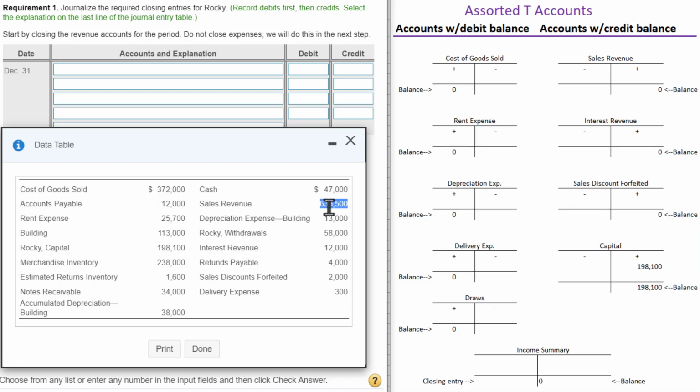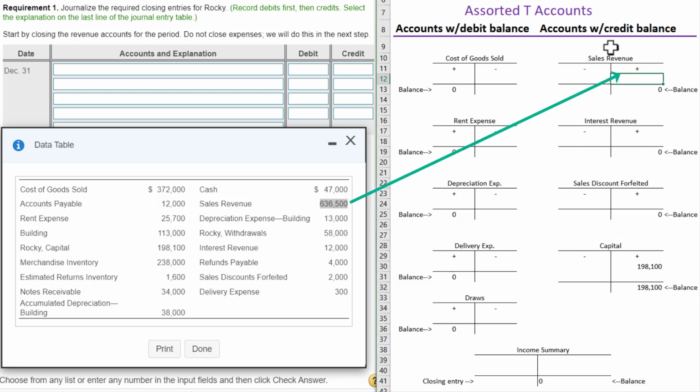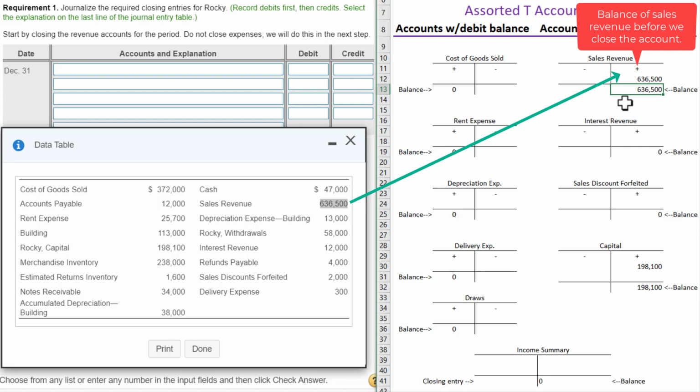So we got $636,500. So I'm going to put that into T account. This is before we close it. So over here in the T account, I'm putting $636,500. So notice we have a balance of $636,500. Now the question is, how do we close an account that has a credit balance? We need to debit it.